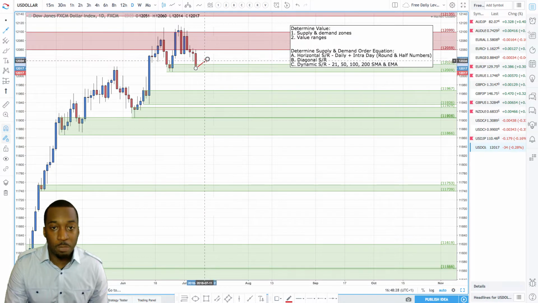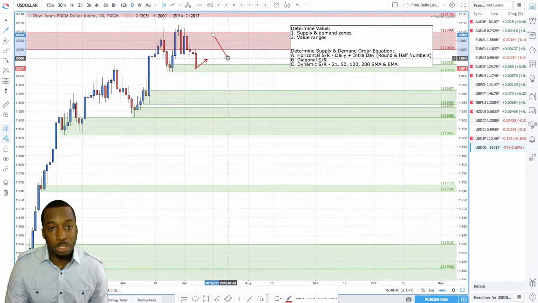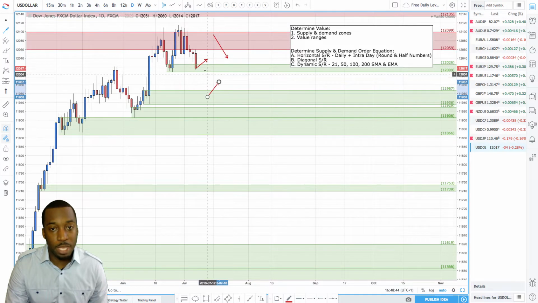If that demand zone coincides with a supply zone on the pair, then you're looking to buy the dollar. If not, that's going to be your first buy if prices do continue to weaken on the dollar this week and maybe into the following week.